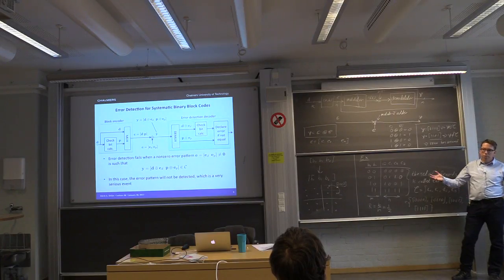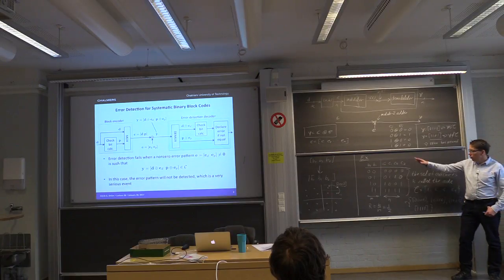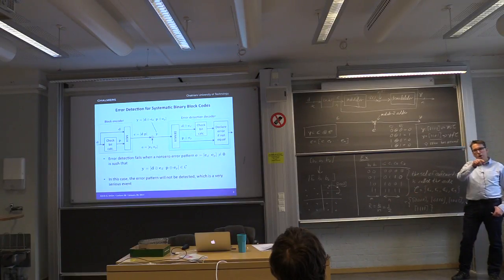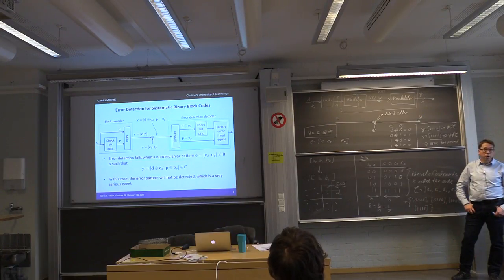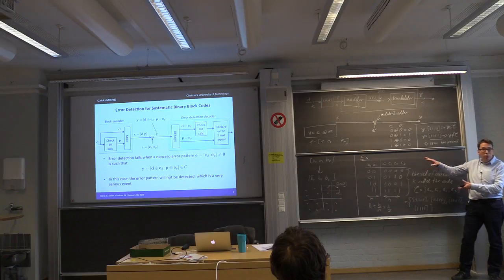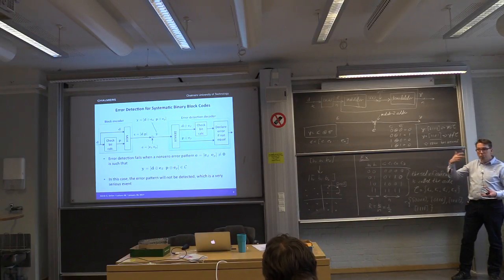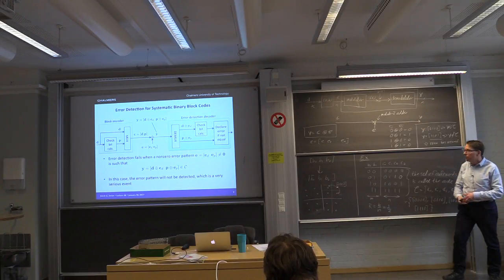It could be an IP packet which is 1500 bytes, and then the number of code words is 2 to the power of 1500, which is more than the number of atoms in the universe. We have problems storing that table. So this table lookup is out of the question. We need some algebraic way to compute this rather than do table lookup.